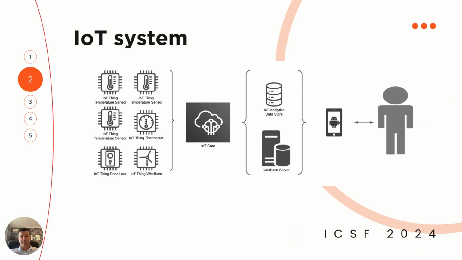This study examines an IoT system comprising sensors, a cloud-based platform for data storage and processing, a database, and a chatbot interface to facilitate user interaction. Arduino boards are chosen for IoT devices.